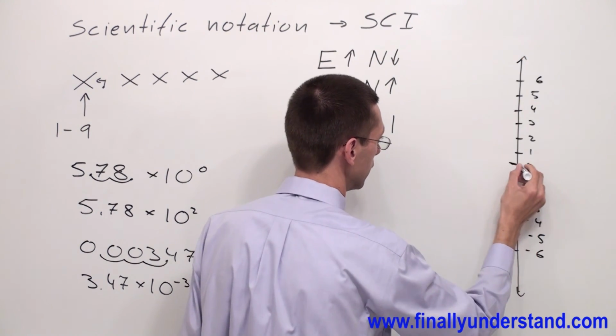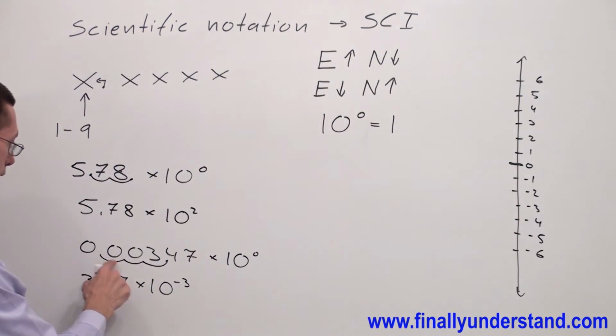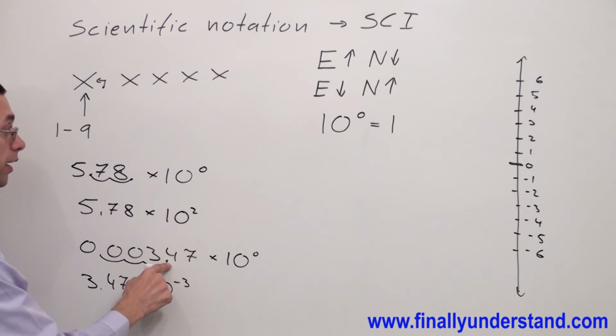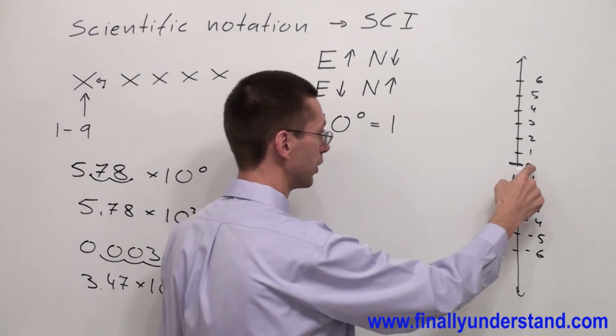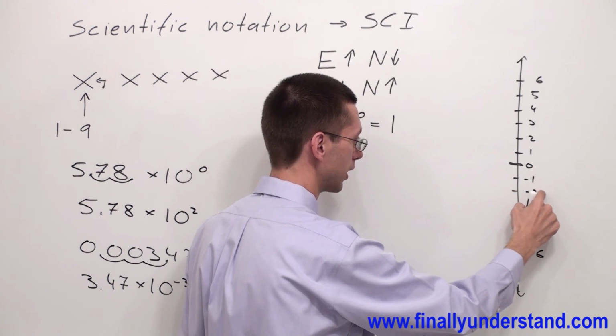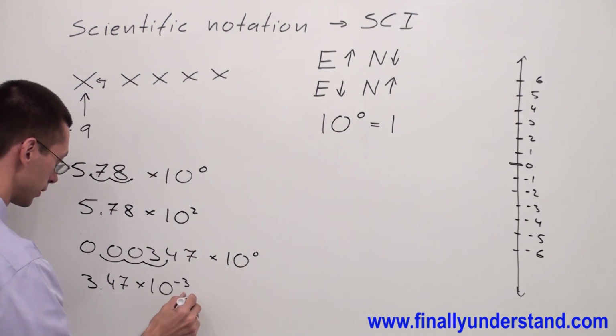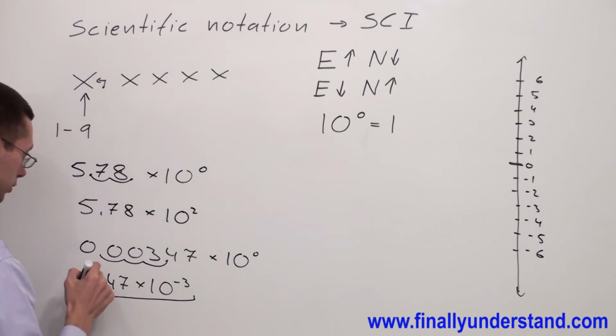Now, the number got bigger, so the exponent has to get smaller. At the beginning we had 0. We moved the decimal point 3 times, that's why we went down 3 times. That's why I got -3. And this is the solution to this problem.